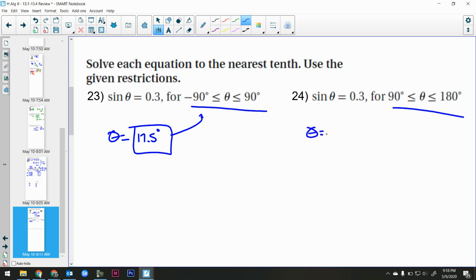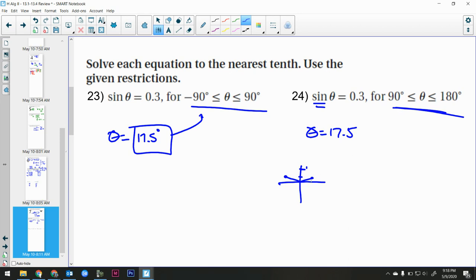However, my calculator is still only going to give me 17.5 here, but that is not within this domain. So I've got to think about where else is the sine value 0.3. Now, think about sine is the y value. So since sine is right here at 0.3, say this is 1, this is 0.3. So there's an angle here at 17.5 degrees, but there's another place in the unit circle right there that also has the sine of 0.3.